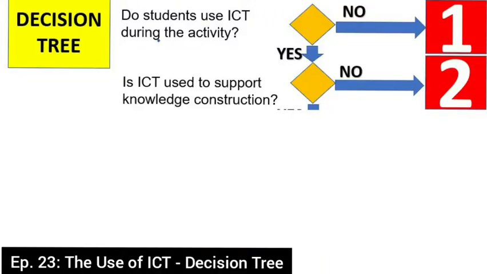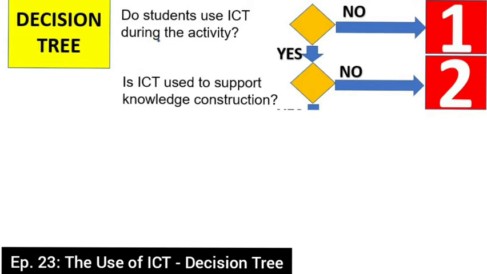So looking at the next code, we would see that you have to ask the first question: is the activity requiring the use of ICT to learn? If the answer is yes, the next question is asked: does the activity require that the children use the ICT to support knowledge construction?